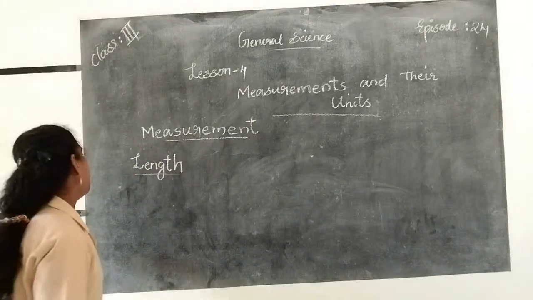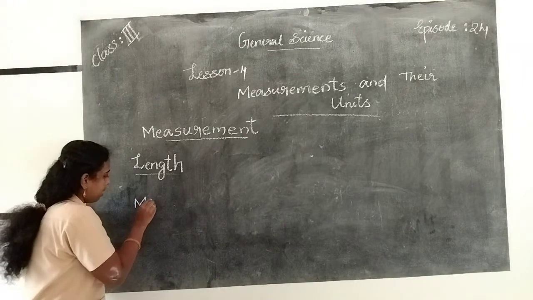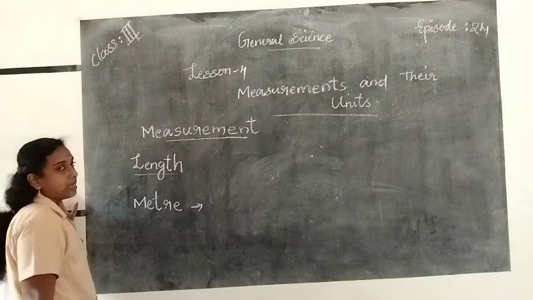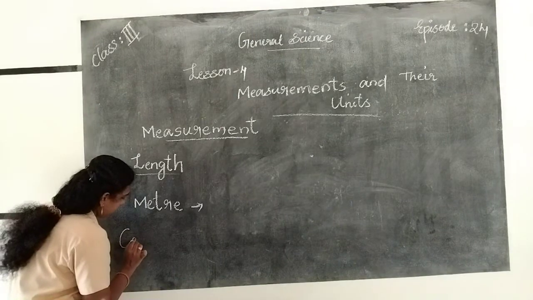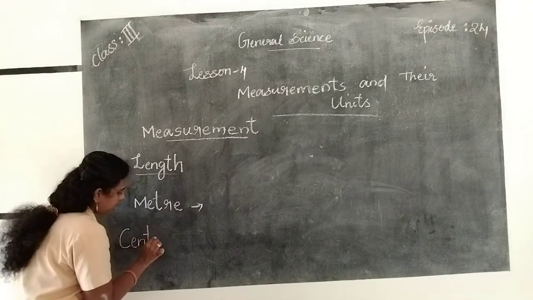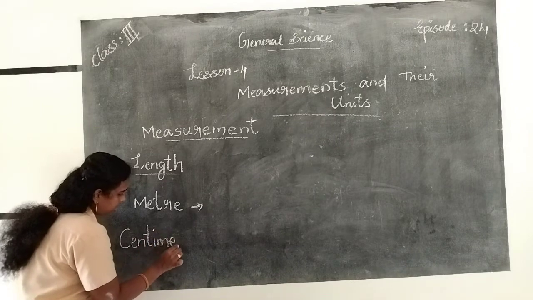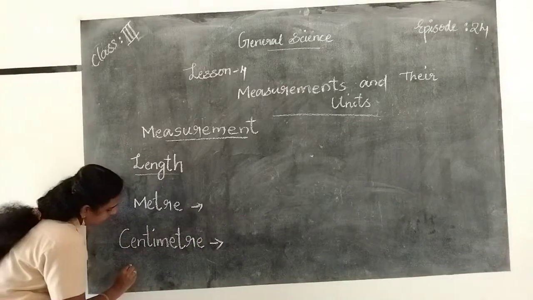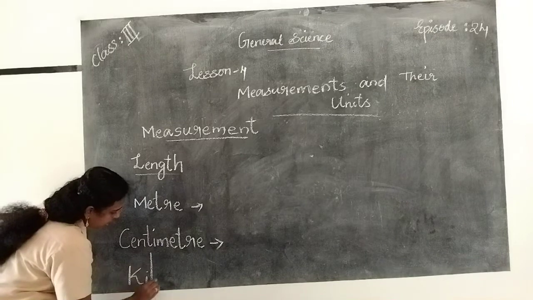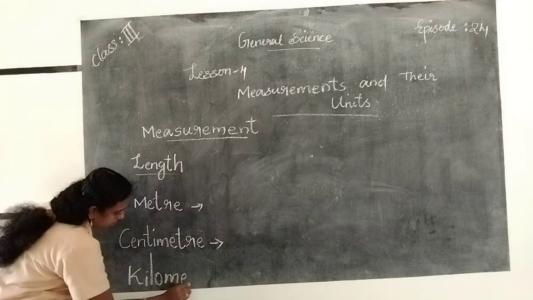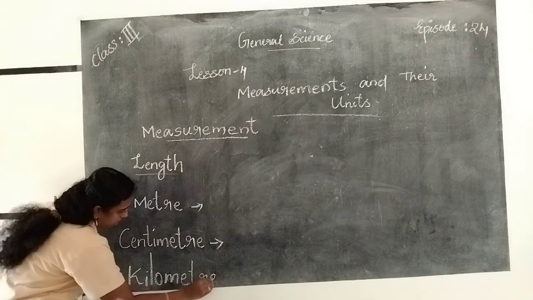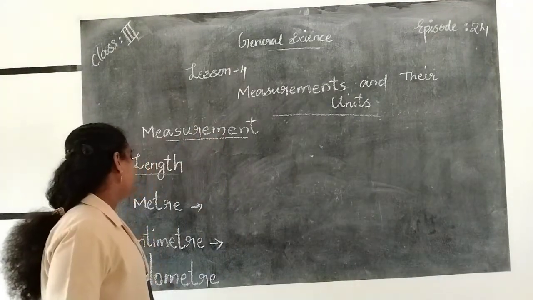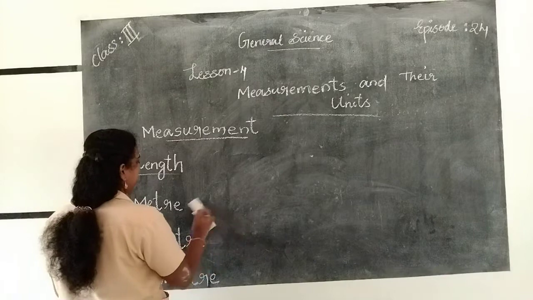So the units are meter, M-E-T-R-E, meter. Then centimeter, C-E-N-T-I-M-E-T-R-E, centimeter. And kilometer, K-I-L-O-M-E-T-R-E, kilometer.